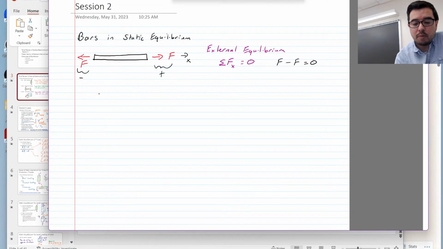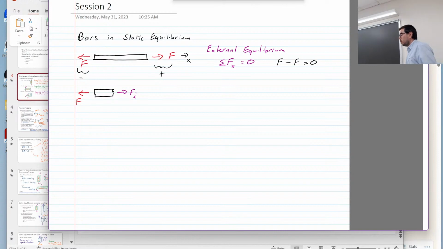When we do method of sections, what we will have is something that looks like this. We have this external force on the left side, and internally we can draw something like this, Fi. That's the internal force. Typically, we say that the positive direction is coming out of the open face.